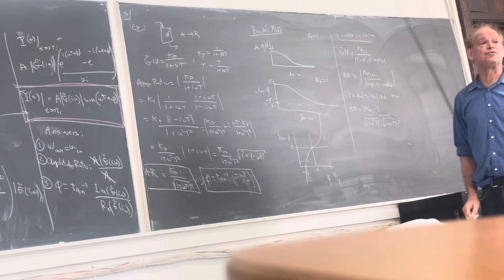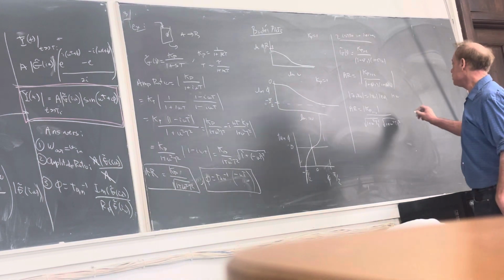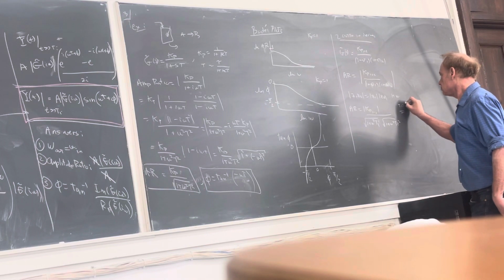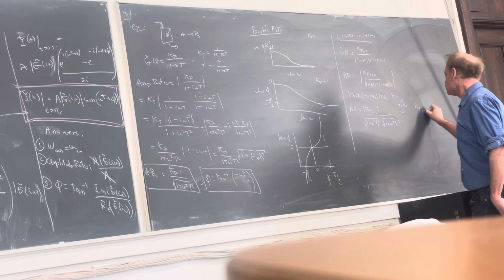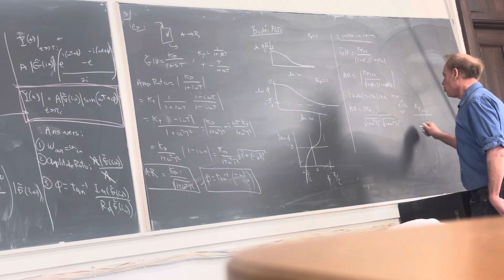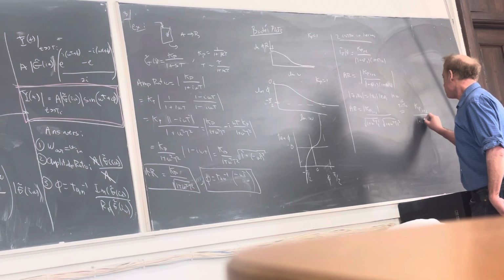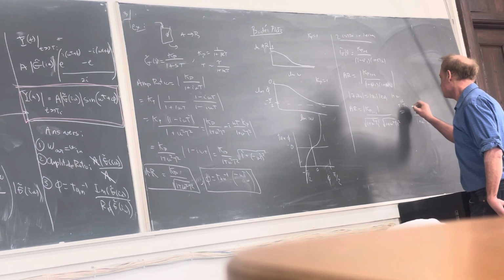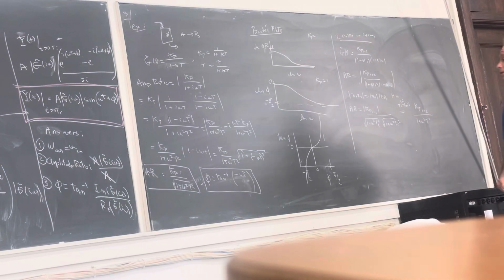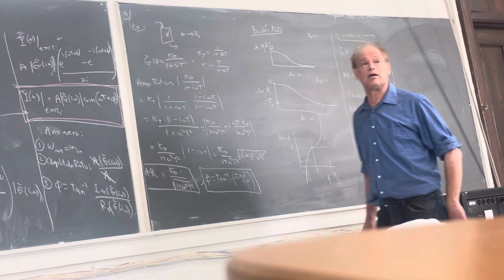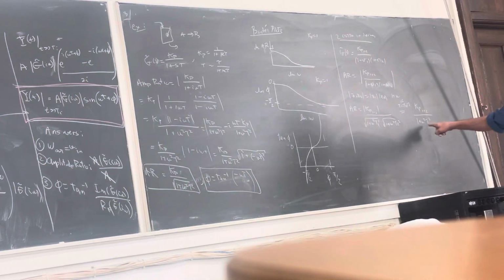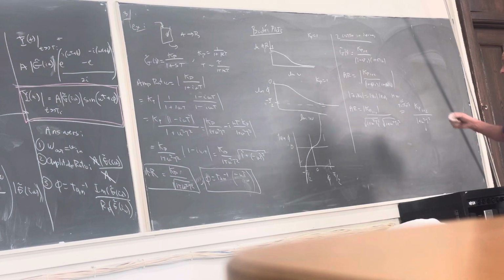So just the product of 2 of those. And if T1 is equal to T2, then this just becomes KP 1 plus 2 over 1 plus omega squared T squared. So notice, with 1 CSTR in series, I get a square root in the denominator. With 2 of them, I get no square root. I just get the whole thing.